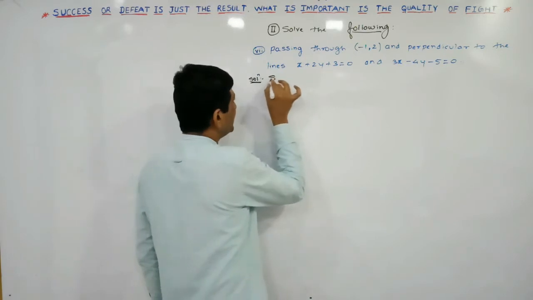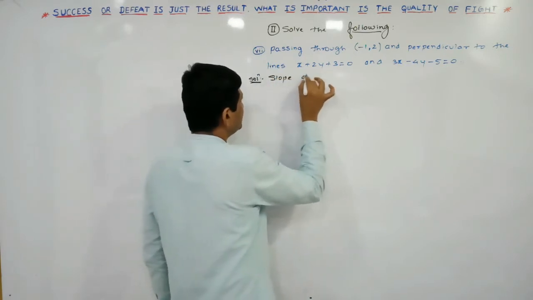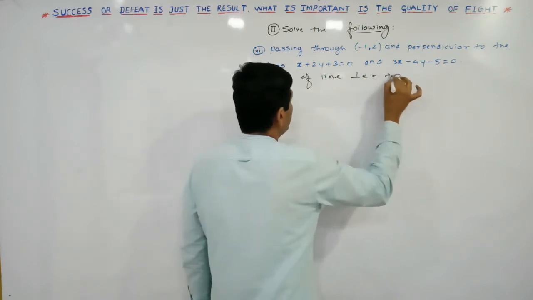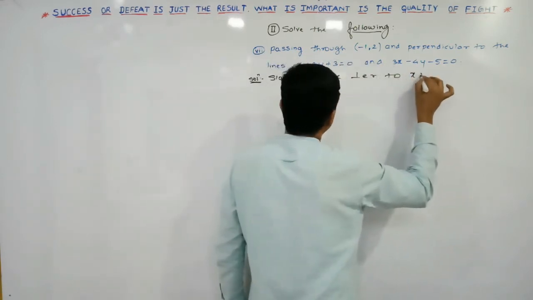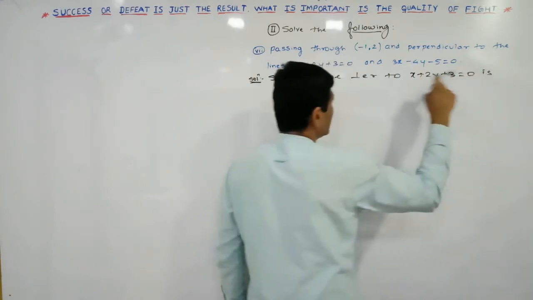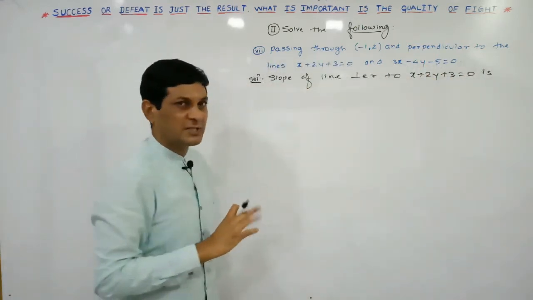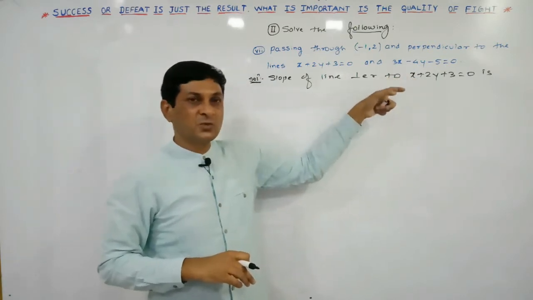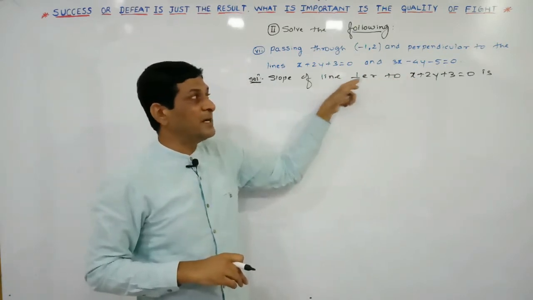So we are finding the slope of the line perpendicular to which line? X plus 2y plus 3 is equal to 0, because our required line is perpendicular to this line. Our interest is not to find the slope of this line, our interest is to find the slope of the line perpendicular to this line.